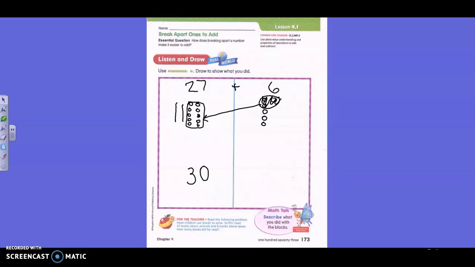And how many ones do we have left? 3. Can you add those two a lot easier than these two? Yeah. What's 30 plus 3? 33. There you go. So how many books did he read? 33 books. That's what we are doing today.